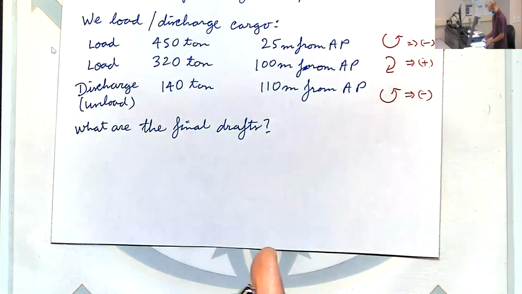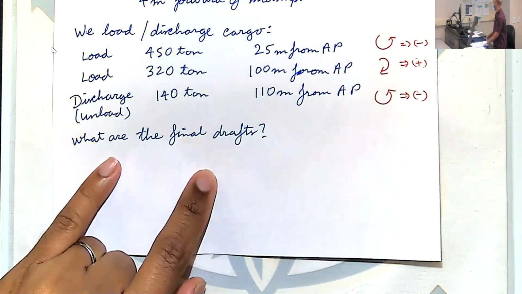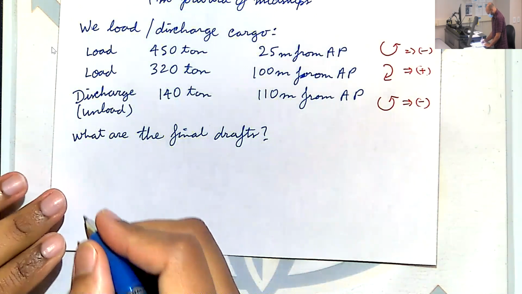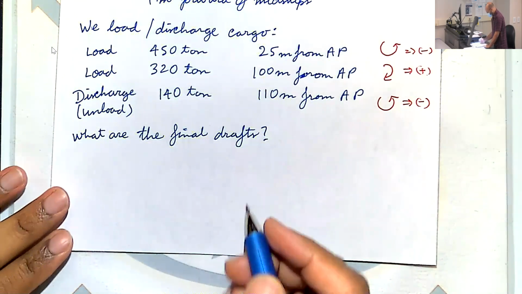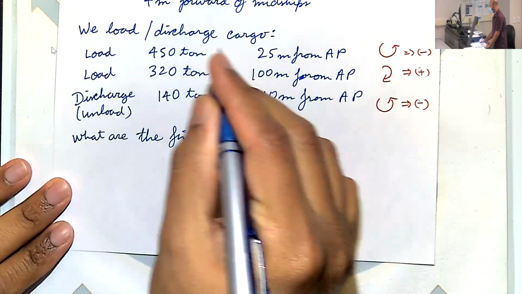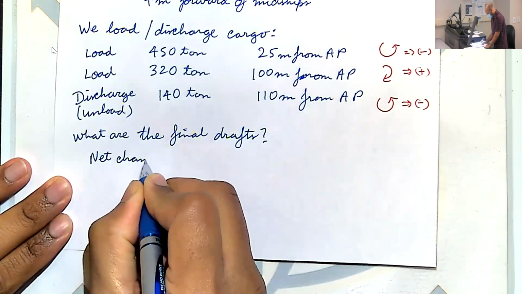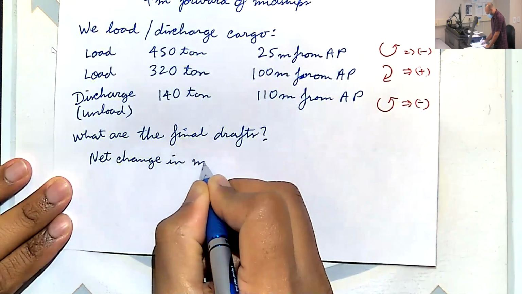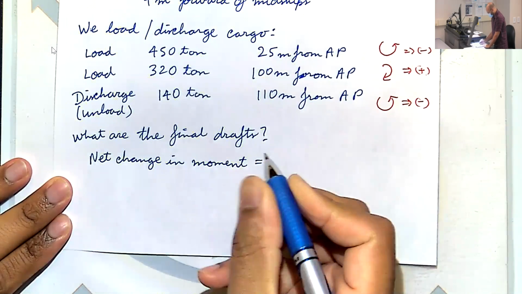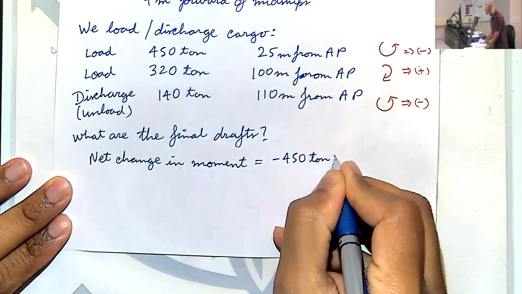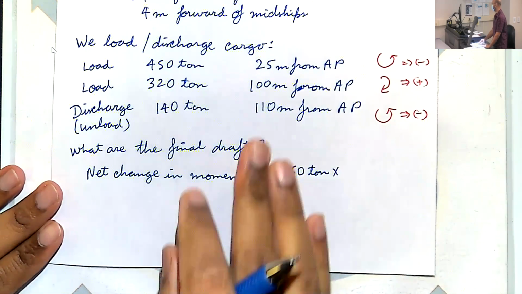So first thing, again, whenever we talk about the change in draft, the final draft, you should always think, okay, we need to work with MCT. The first thing we should do is compute the net moment being caused by all of these things, the net change in moment. First guy is negative, minus 450 ton times what? Should I put 25?